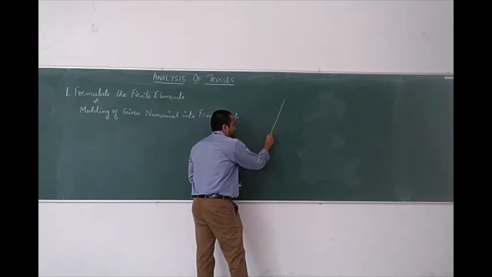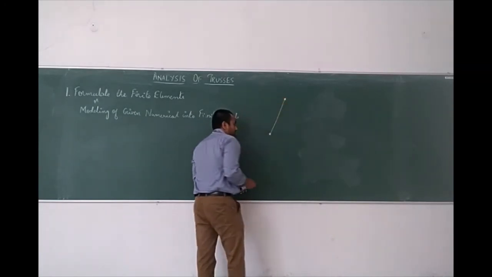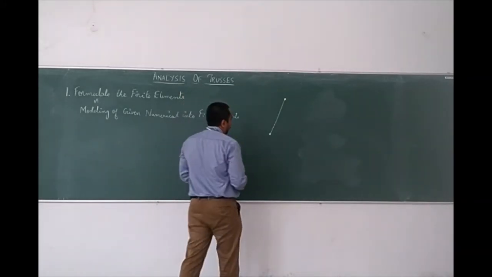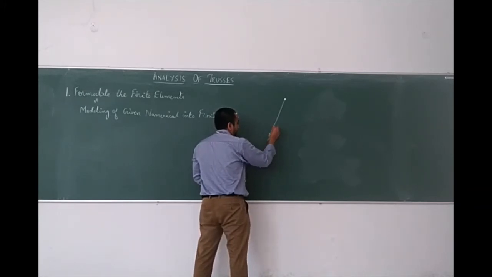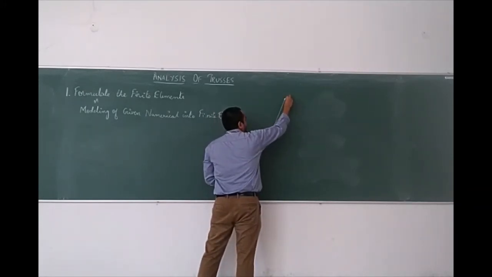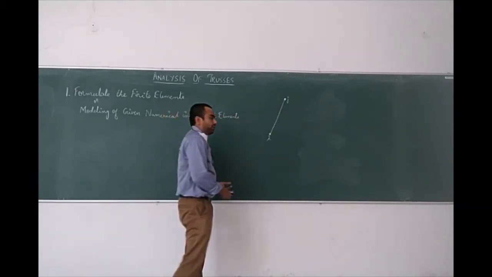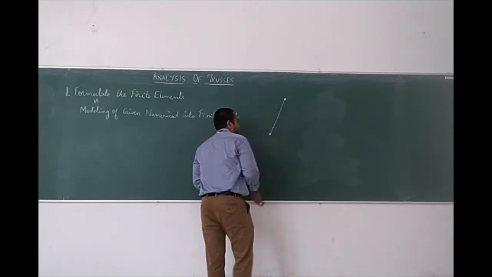This is node 1, node 2. For the purpose of generality, I will name these as I and J, or you can put it as J and J plus 1.